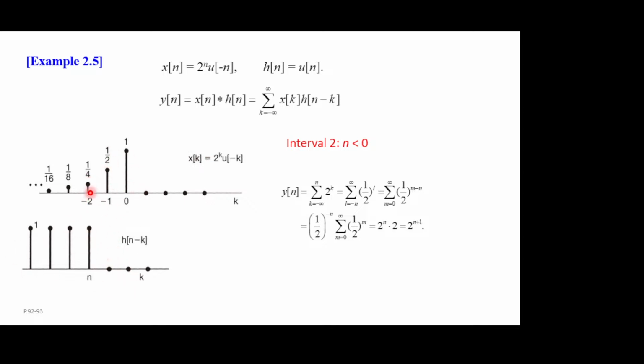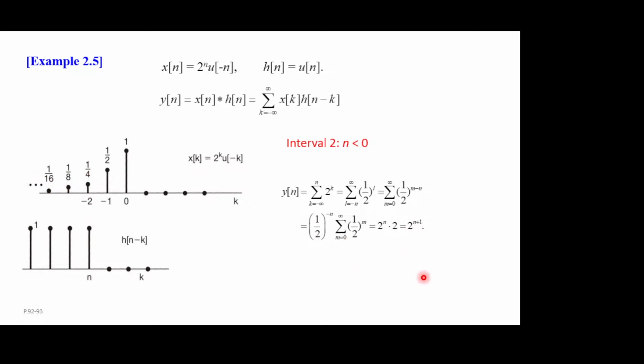You multiply together, and you start summing your geometric series from 2 to the negative n, and 2 to the positive n, because n is negative. So anyway, here, for example, is n equals minus 2. You have the summation 1 over 4, 1 over 8, 1 over 16, etc. And you do the formula, and you see the answer is 2 to the n plus 1.